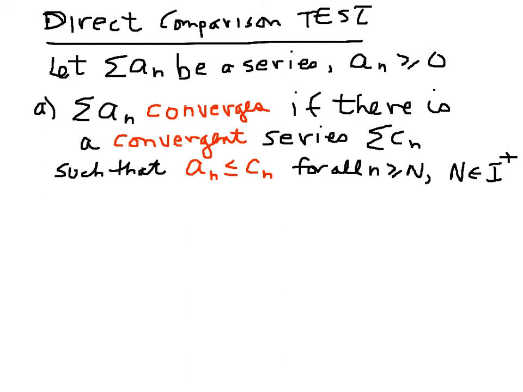First part of this test tells us that this series a sub n will converge if we can find another series which we know converges, and such that after some point all of the a sub n terms are less than or equal to the c sub n terms. All right, so that's a way to show that a series converges by comparing it with another convergent series. In each case, the terms of both series are greater than or equal to 0.